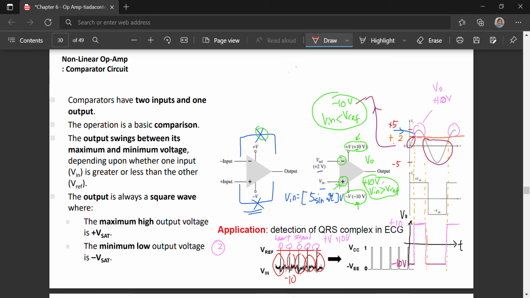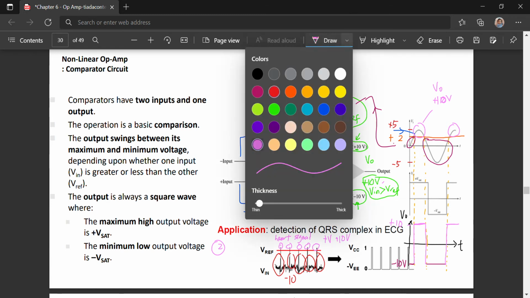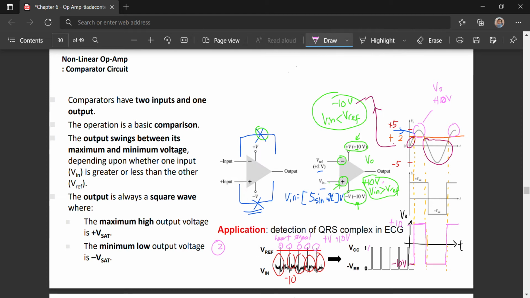Okay, that's why here you can see the peak. There is 1, 2, 3, 4, 5. You have 1, 2, 3, 4, 5. So 5 VCC is positive 10 and minus VEE is minus 10.